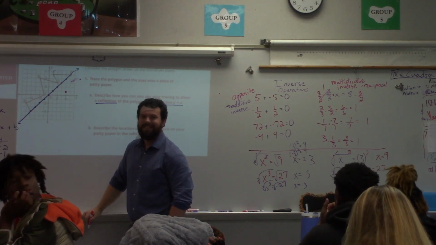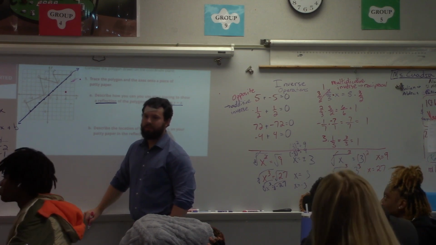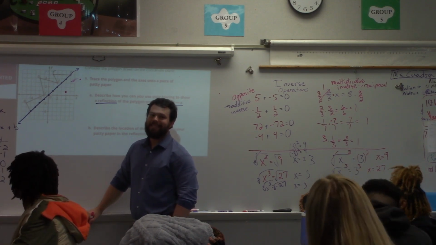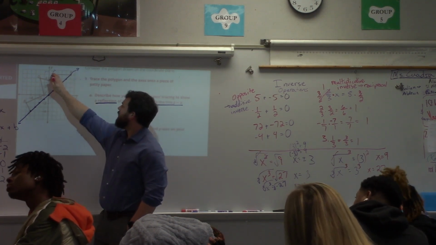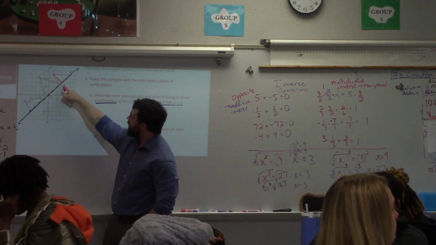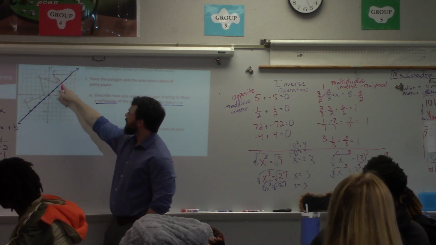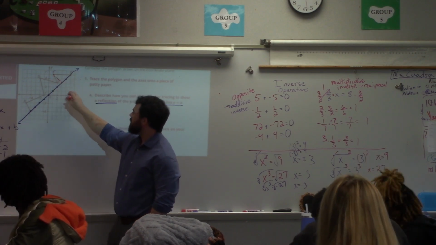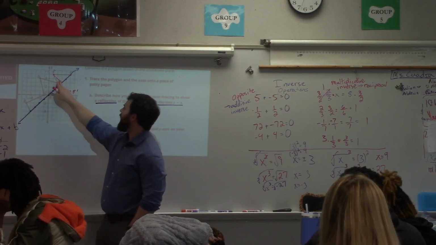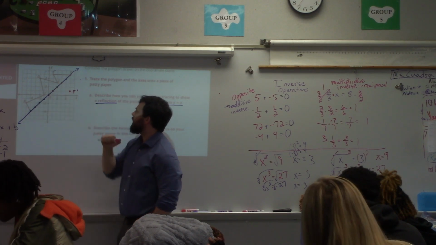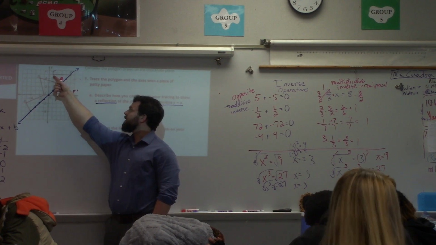When we do a reflection, we need to know something very specific about reflections. Reflections are always perpendicular to the line of reflection. So when I look here at F, here is that line, and that's perpendicular to that line, okay? How many squares did I go to get to the line? So how far am I going to go to the other side? That is F prime. Prime just means what happens after the transformation, after the reflection. So it's just got to be perpendicular to the line.